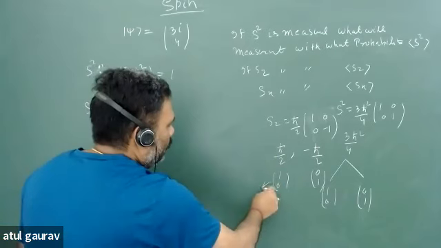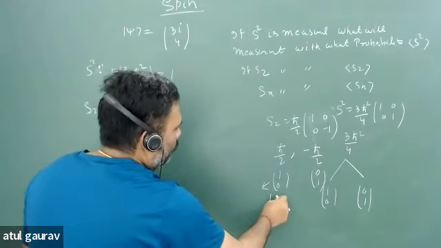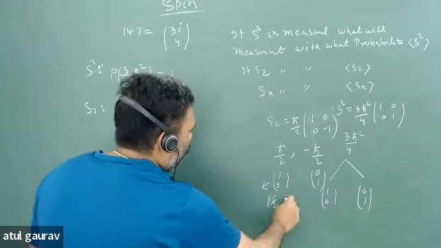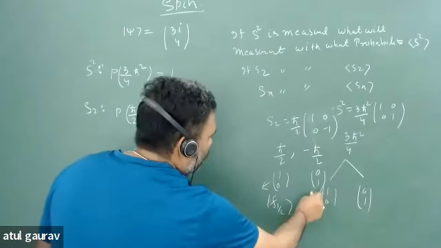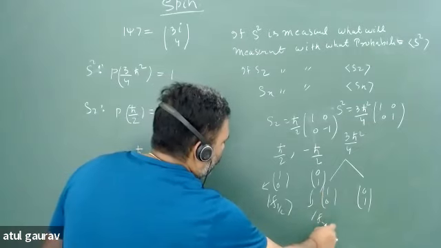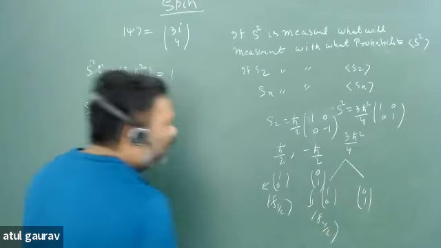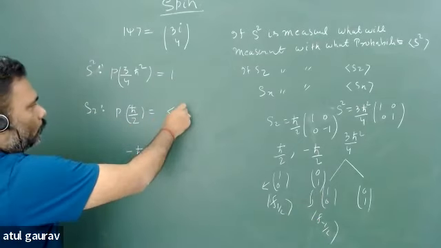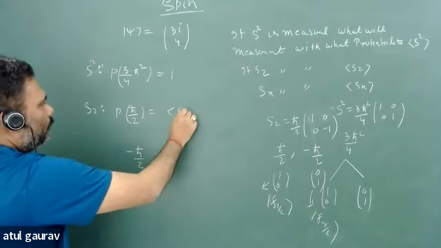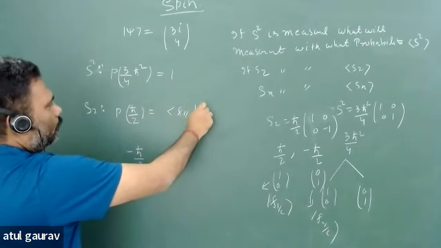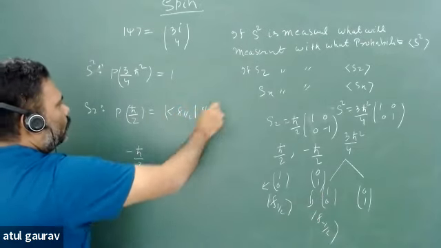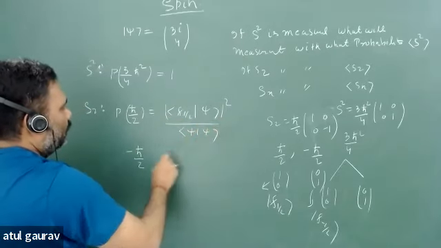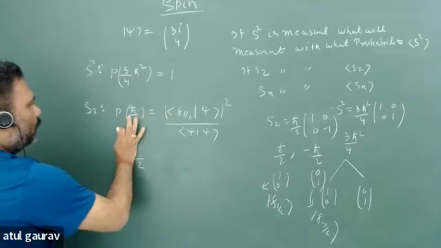let's say this one is chi half, and this one is chi minus half. We can write that, right? So the probability of measurement of h cut by 2 is the mod square of chi half dagger psi.